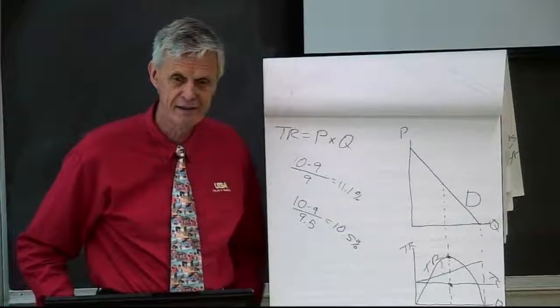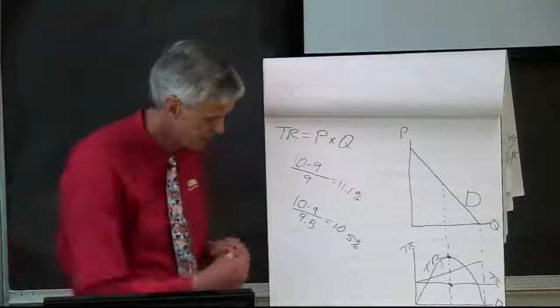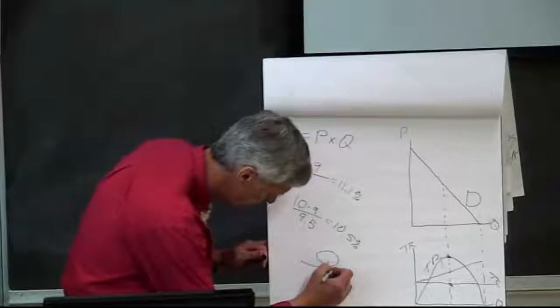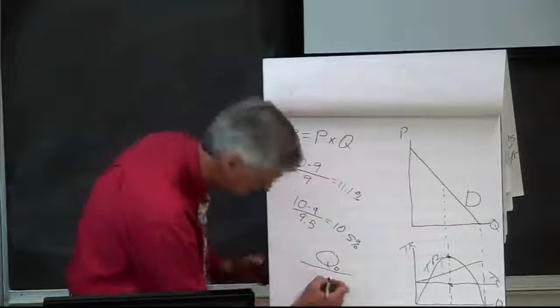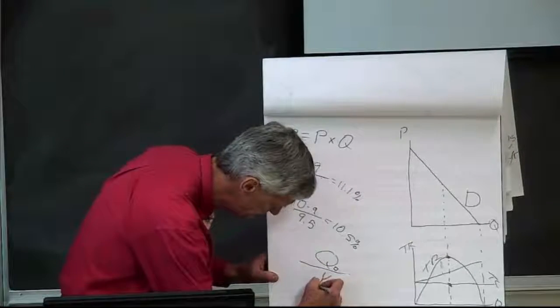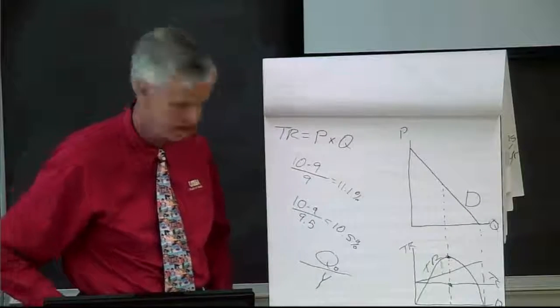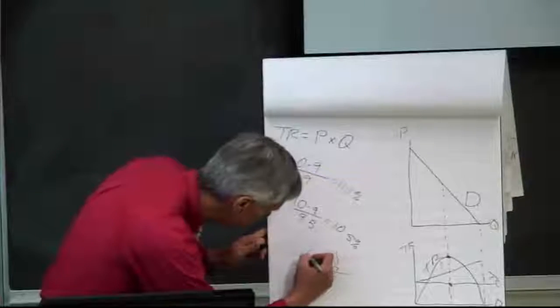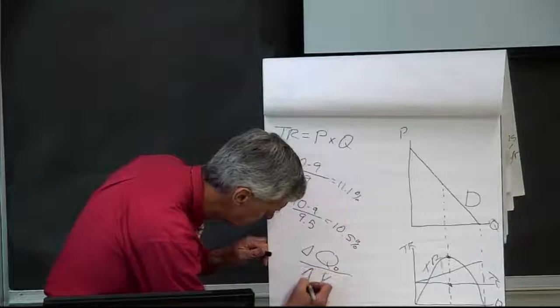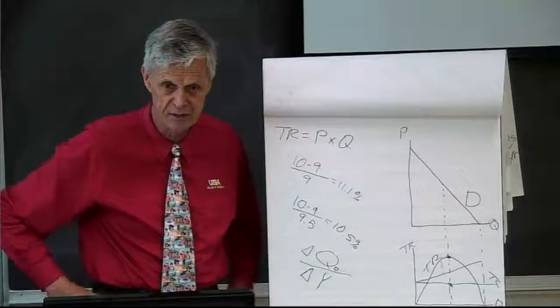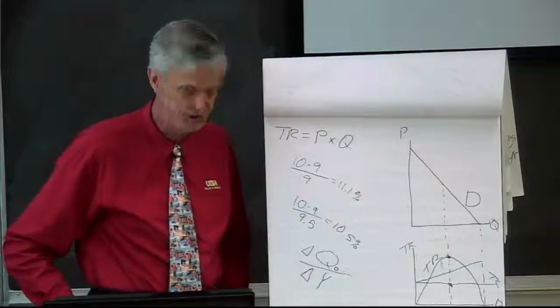So in that case, the cause and effect relationship would be between Q sub D, quantity demanded, and income. Economists typically use the letter Y for income. So it would be the percentage change in the quantity demanded per the percentage change in income level.